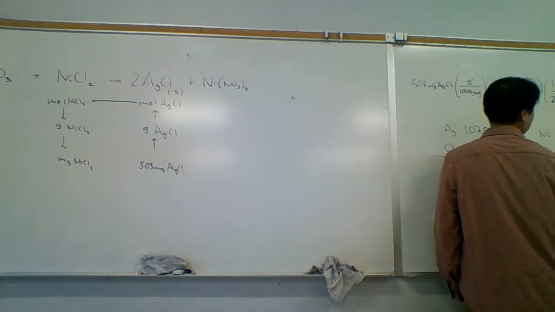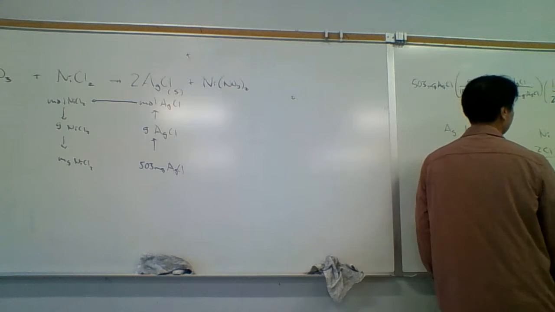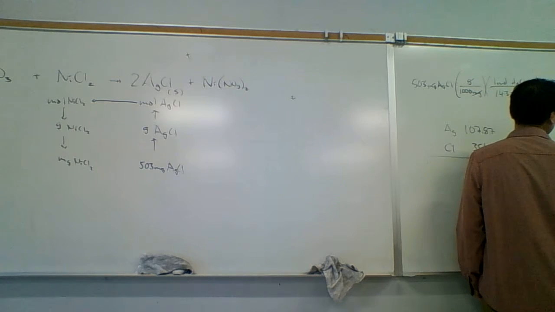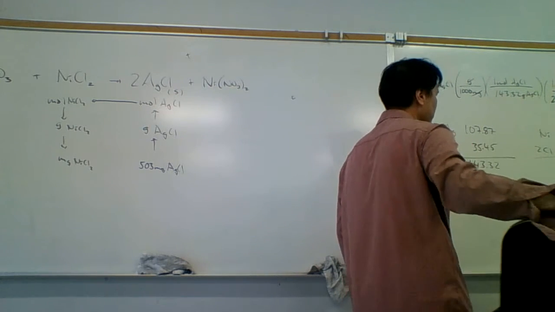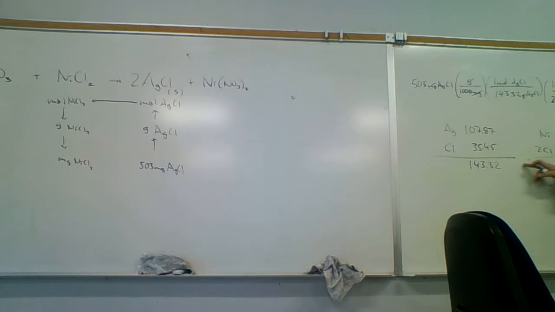So we'll just add that up. 2 times 35.45. This is going to give us 129.59.